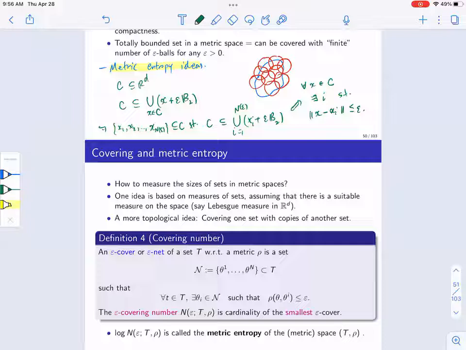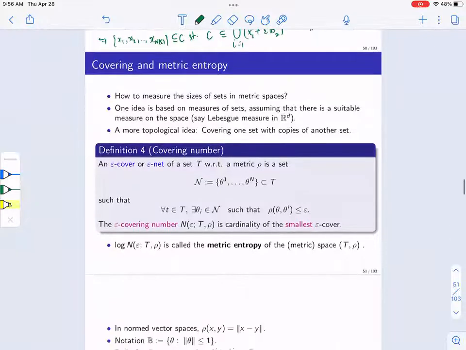So for every point, there is one point in the cover, such that x minus xi is less than epsilon. I can approximate every point by a point in the cover. This is the way that usually people define it.